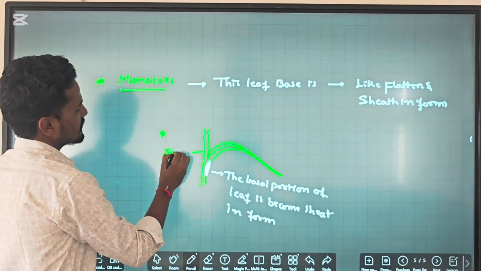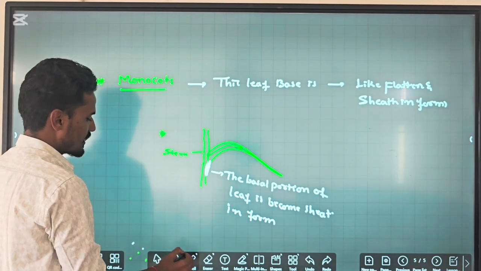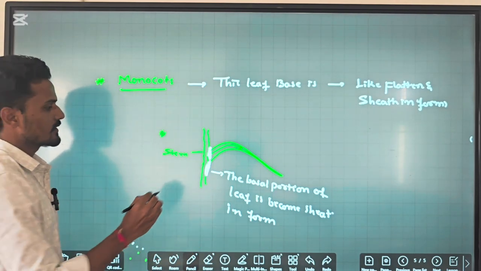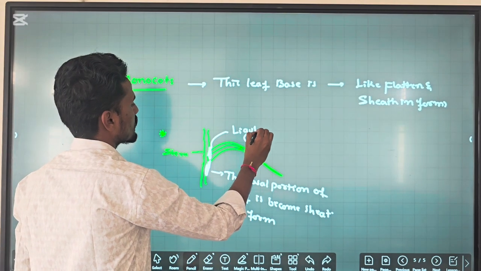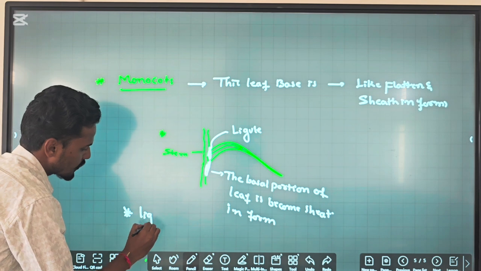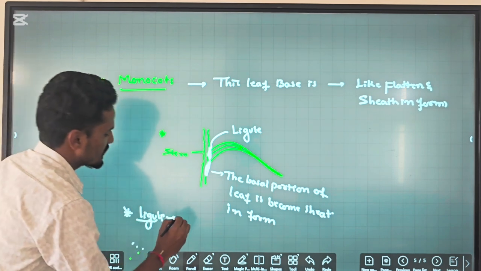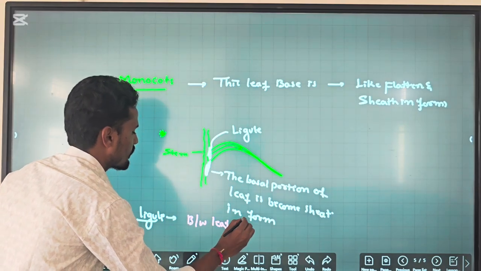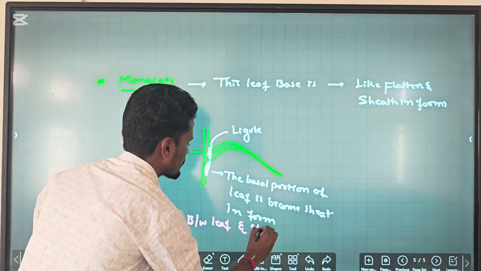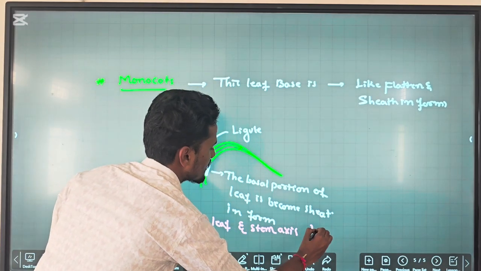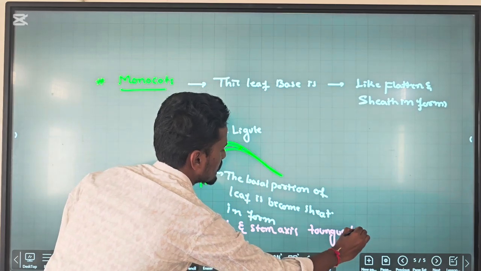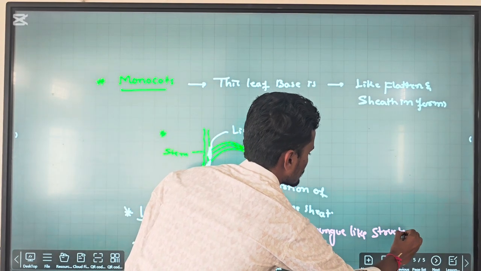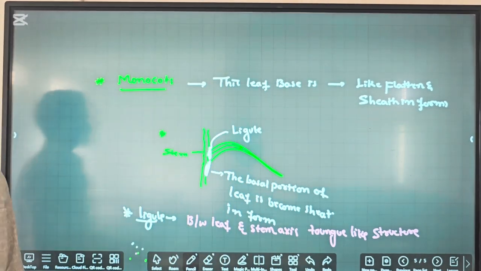This is the stem axis, and between the leaf and the stem axis there is a tongue-like structure that is called a ligule. Ligule is present between the leaf and the stem axis, a tongue-like structure.